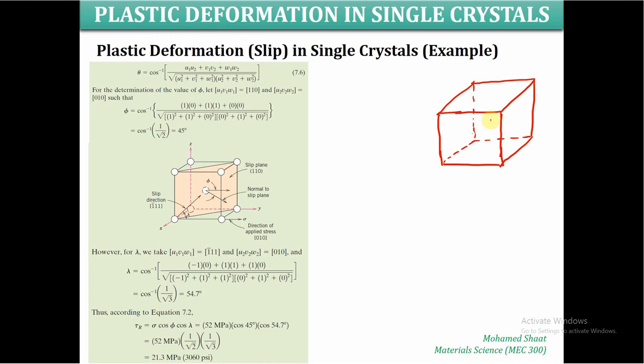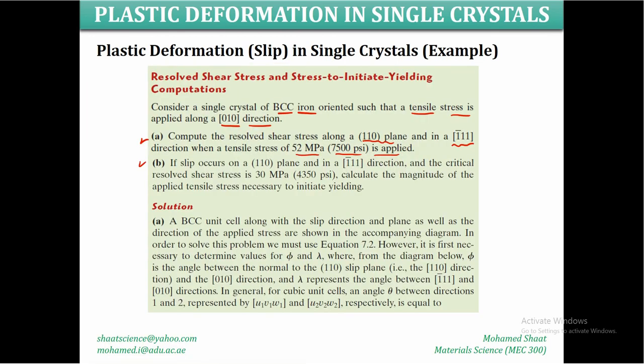There should be some atoms distributed, with one atom at every corner and one atom in the middle. We don't care about the distribution of the atoms as much as we care about these directions and these crystallographic planes. So first, you're going to identify the slip system over this BCC crystal structure.